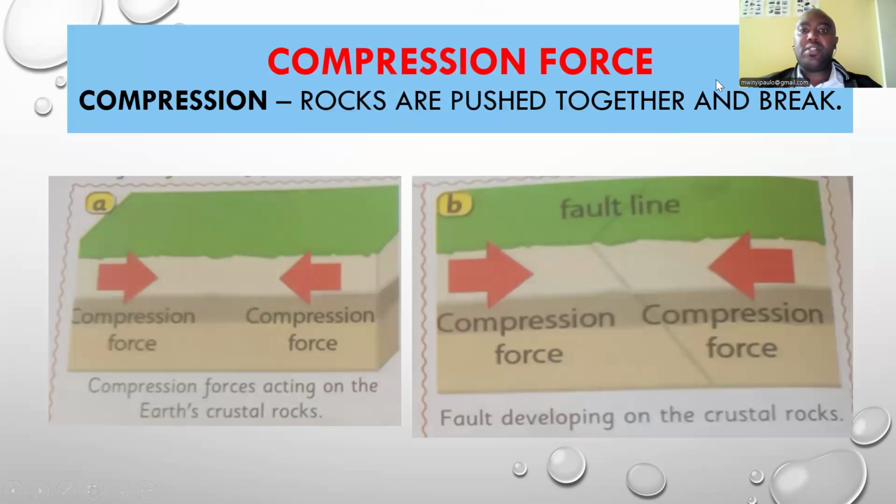Compressional force is a situation whereby rocks are pushed together and they end up breaking. As you can see on your screen, compressional forces are acting on the Earth's crustal rocks until a fault line develops on the crustal rocks.